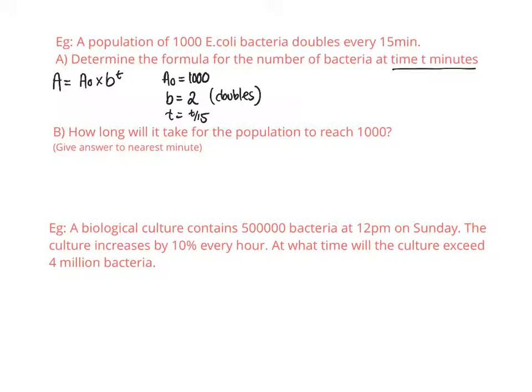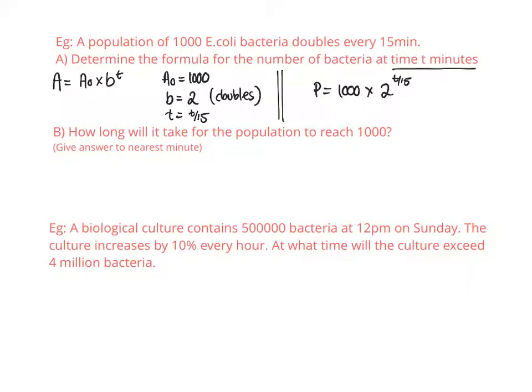So in their scenario, I might say population equals 1,000 times 2 to the power of T over 15. Okay, so now I've got my formula.